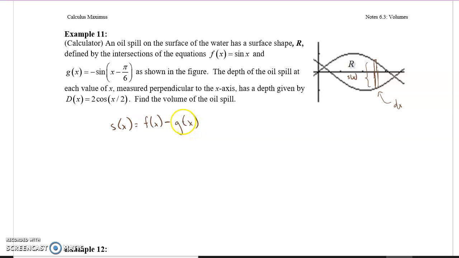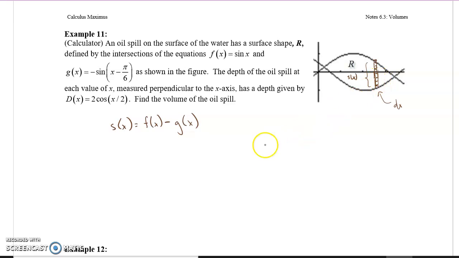The other part of this is that we have to figure out how big each of those cross-sectional areas is. So it looks like the depth, d, of each cross-section is given by a different function, but it's depending on x. So regardless of whether we're down here on this part of the rectangle, in the middle of the rectangle, or anywhere along this rectangle all the way up to the top, the depth at this particular x value is going to be a constant.